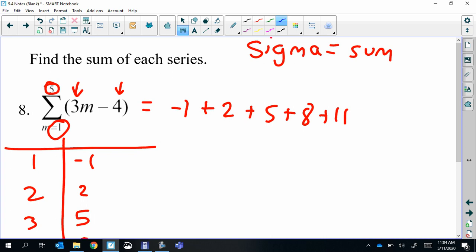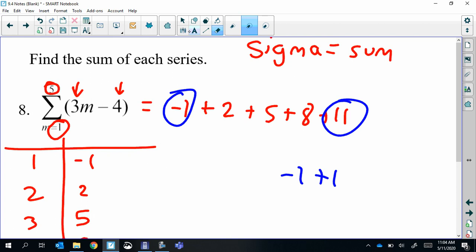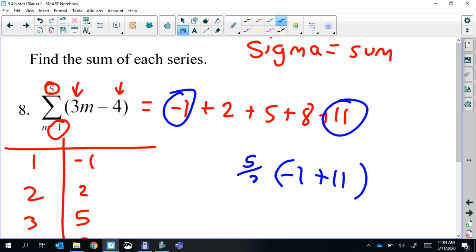So since this is an arithmetic sequence, it's increasing by 3 each time, we can actually use our shortcut, which just means we need to know the first number and the last number. -1 and 11, those are our first number and last number. And then how many numbers are there? Well, from 1 to 5, that's 5 numbers, divided by 2.